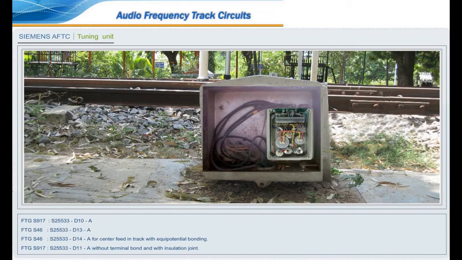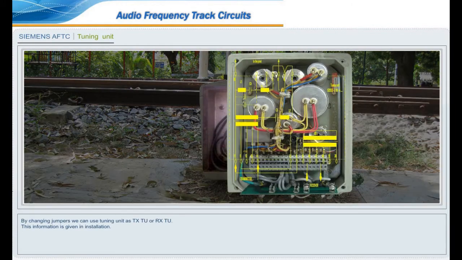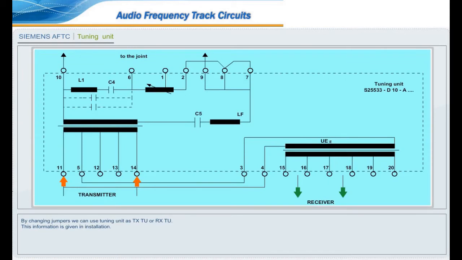FTG S917 S25533 D1 1A without terminal bond and with insulation joint. By changing jumpers, we can use the tuning unit as TXTU or RXTU. This information is given in the installation manual.